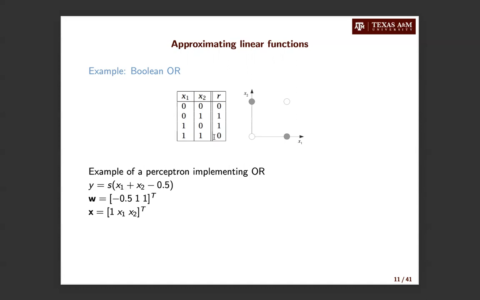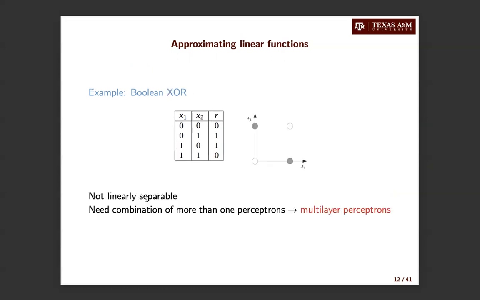So we can understand that we can find another example of a linear perceptron which can implement a Boolean OR function. And in this example, we can find a bias term that is equal to -0.5 and the weight terms that are equal to 1 and 1 that can also correctly classify those 4 samples.